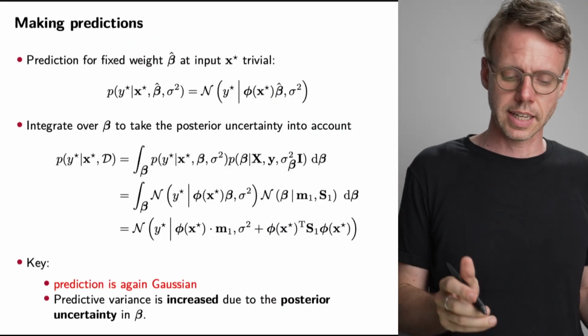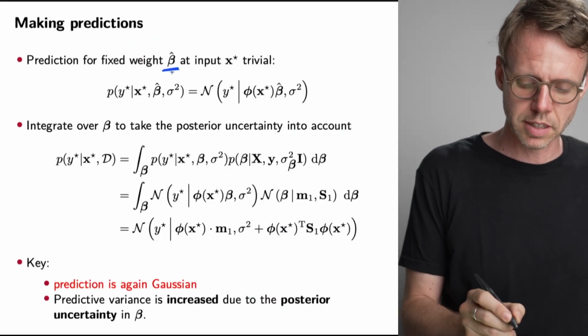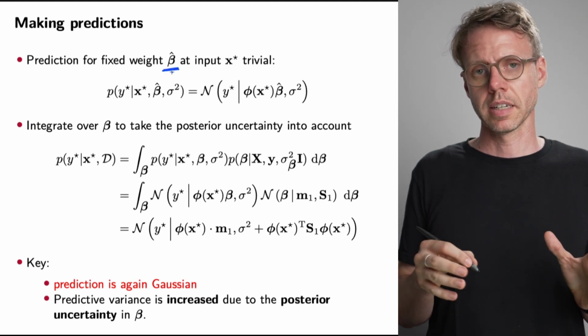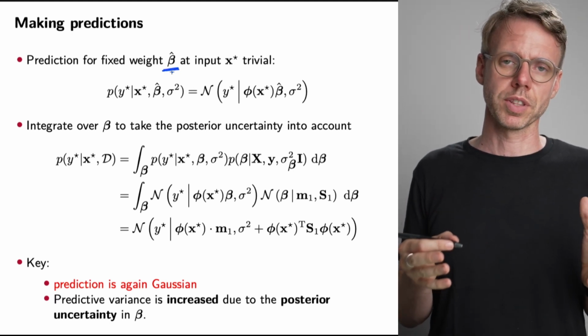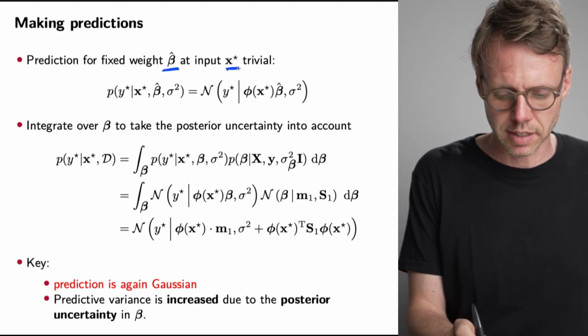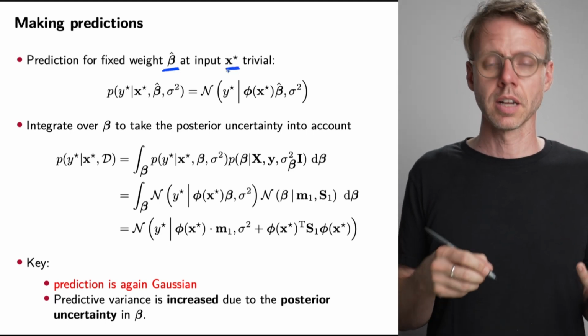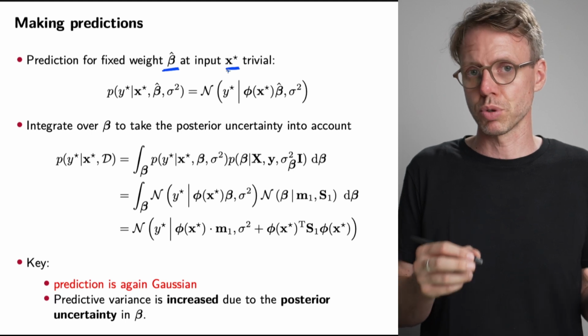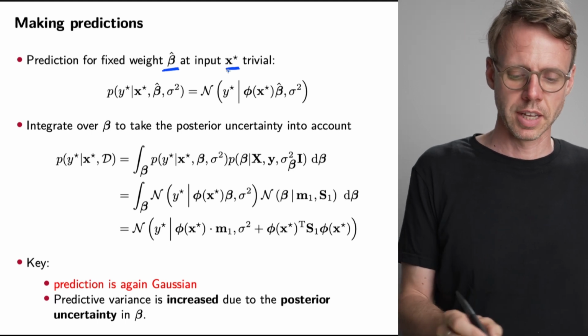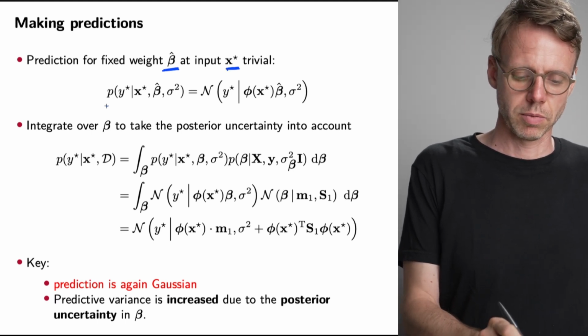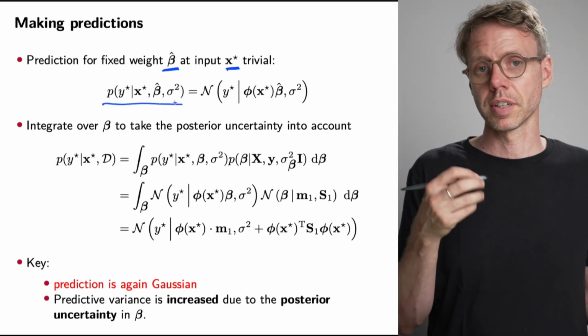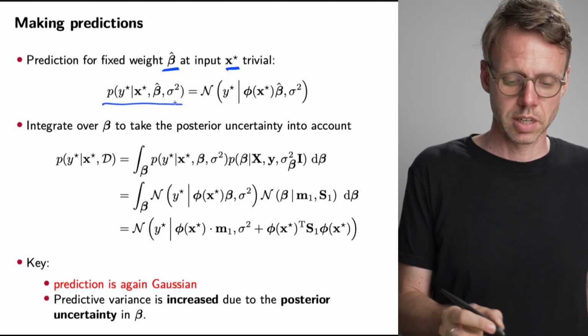Now, if we had a single fixed weight estimate, beta hat, then making a prediction with this model for a new unseen data point where we get only the inputs x star would be trivial. We just compute the linear regression. So in this case, we say that we have a Gaussian likelihood model.